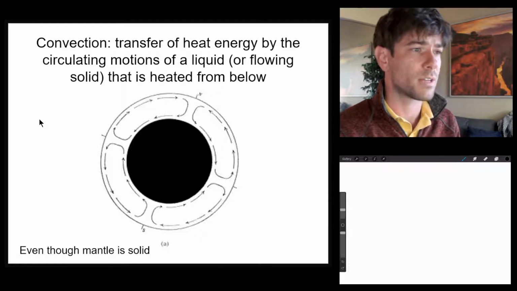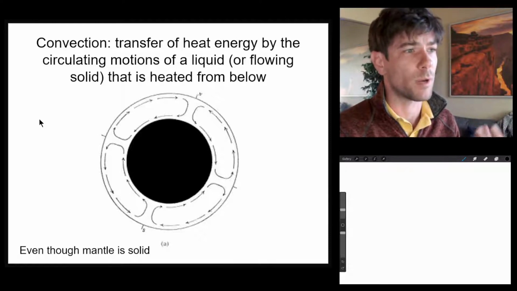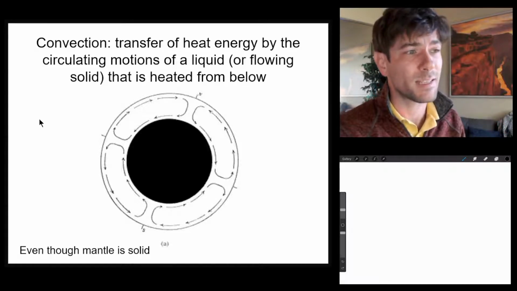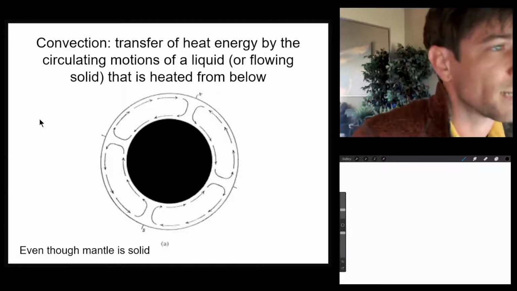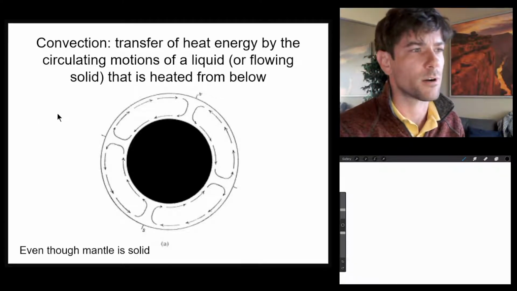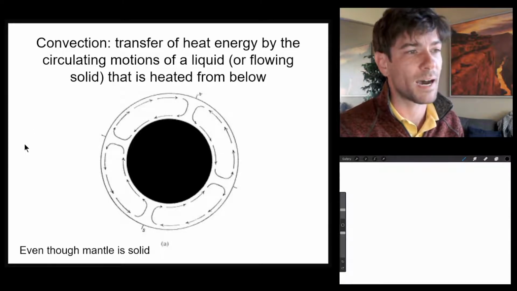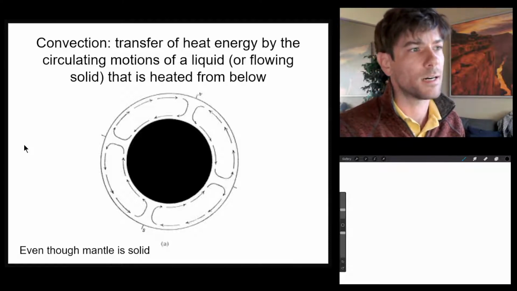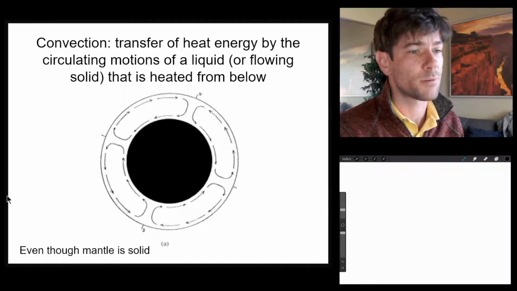That's very clearly a solid, but it's capable of flow and motion. And it's in that state because of the immense heat and pressure that materials experience as you move downward into the Earth's interior. It gets hot and the pressure gets intense. And so despite the high heat, this material exists as a solid because of the confining pressure. Okay.